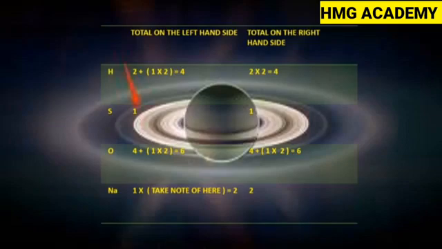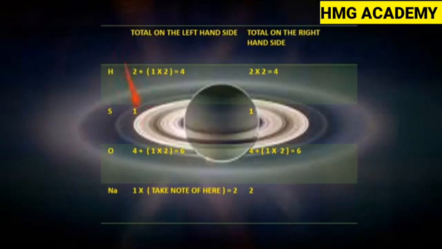Oxygen will now have a situation. Don't forget the first 4 we see there is from the H2SO4. Then now we have NaOH. Now that O, that 1 O, that is the 1 in that bracket, times 2. Because the 2 that is multiplying hydrogen is also multiplying sodium and oxygen in the NaOH.